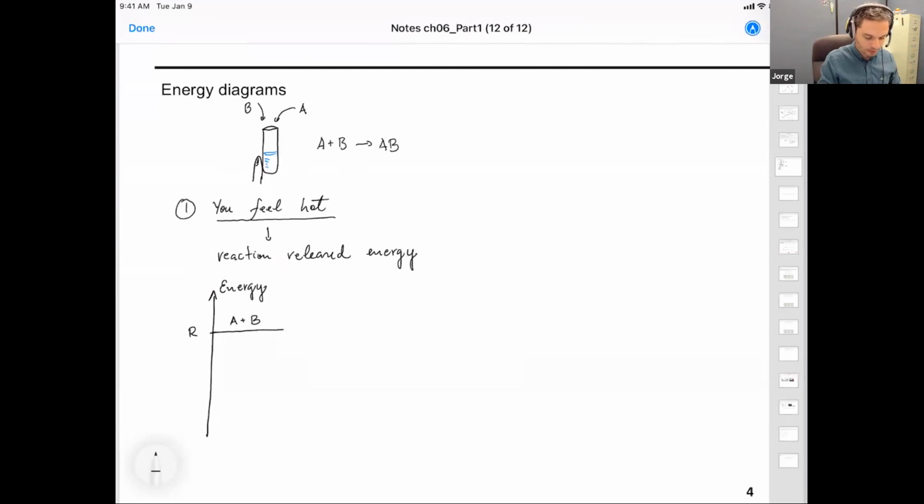Think with me. If the test tube got hot, it is because the reaction is releasing energy to the outside. If the reaction is releasing energy, what can we tell about the energy of the product compared to the energy of the reagent? Does the product has more energy than the reagent or less energy than the reagent?